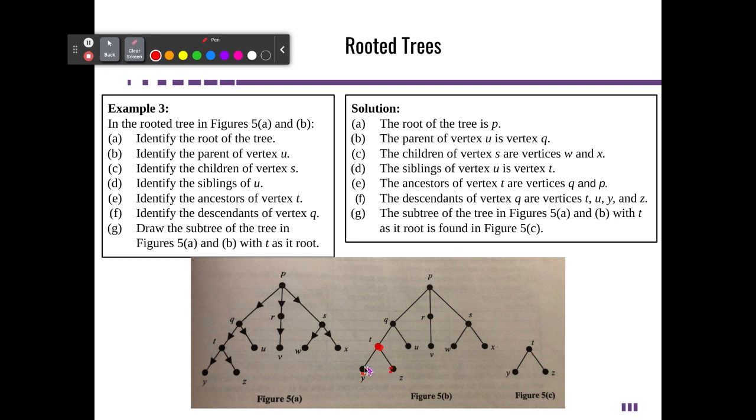Those are our children. We could go up a little higher and say that Q is the parent of those 2. We could go a little higher and say that P is the parent of Q and S. All right, that kind of takes care of that area.